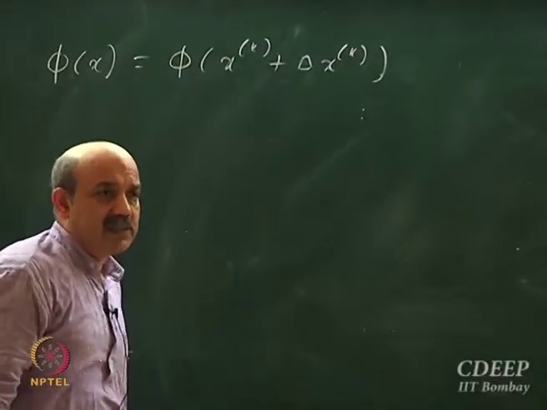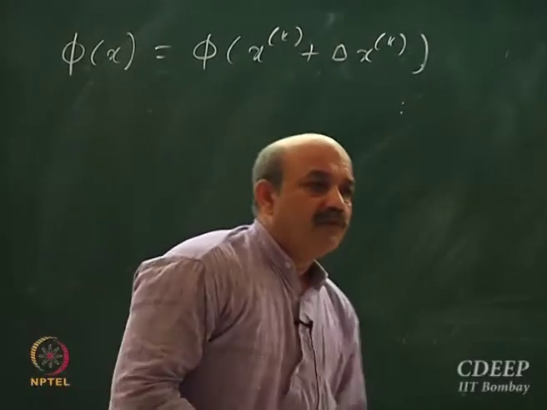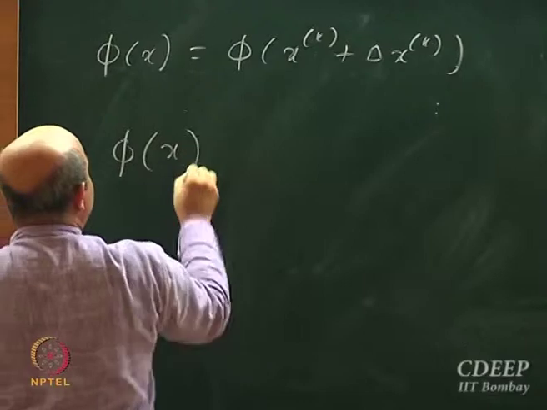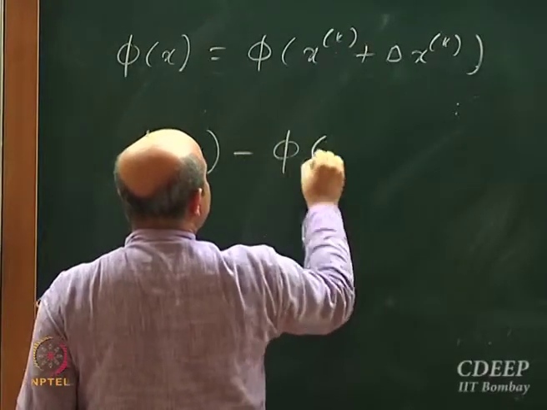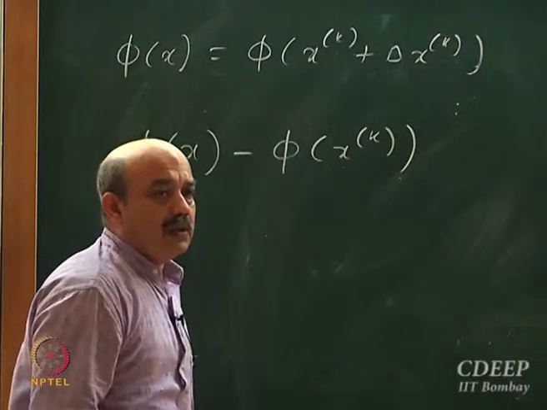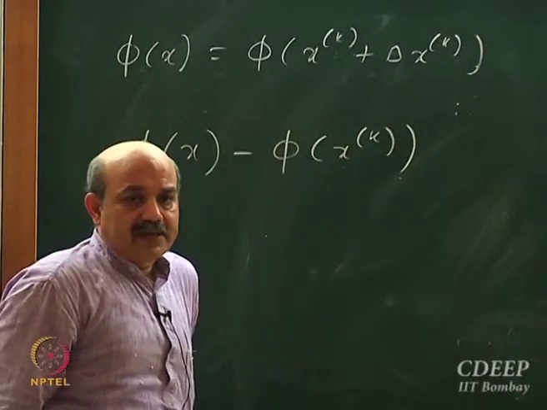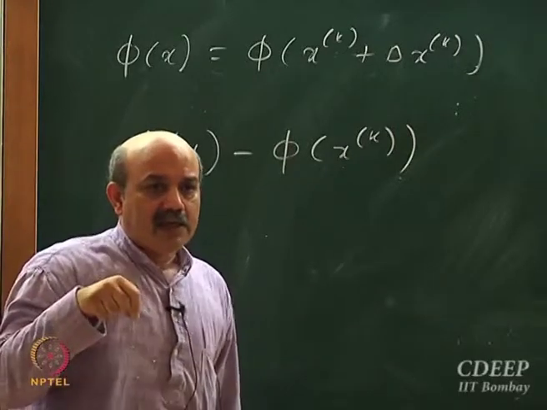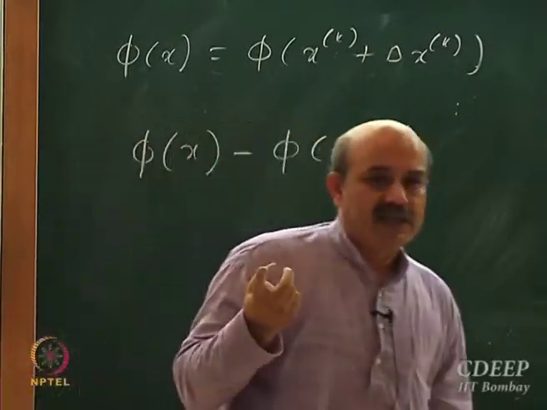I have written this like this, and actually I am worried about how this function behaves, phi x minus phi xk. I want to go to a new value x from xk.